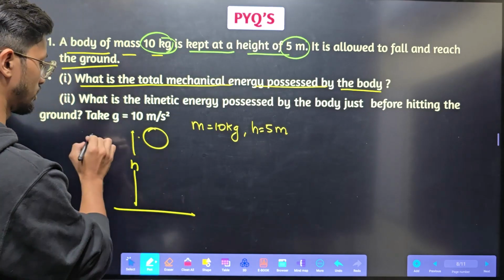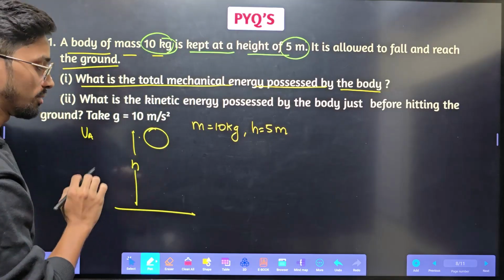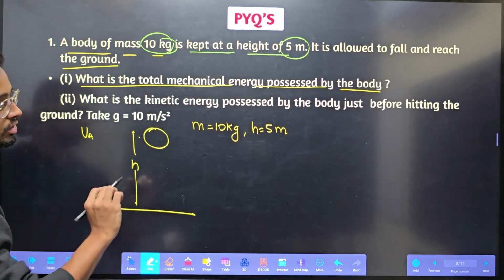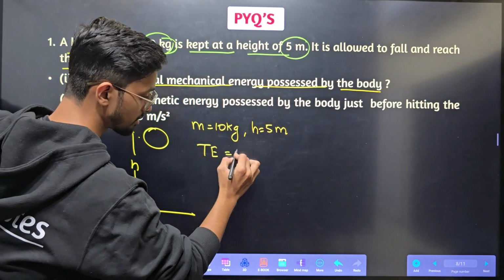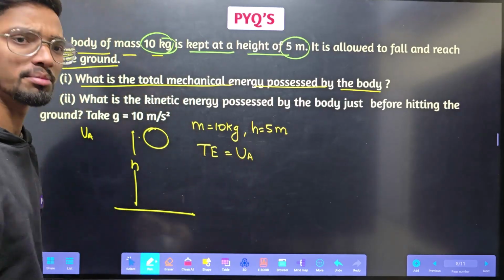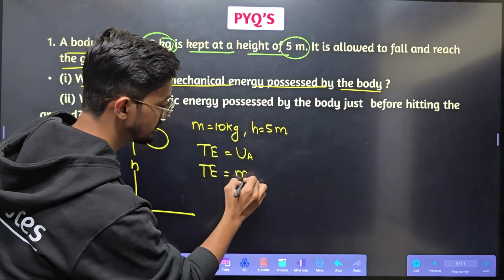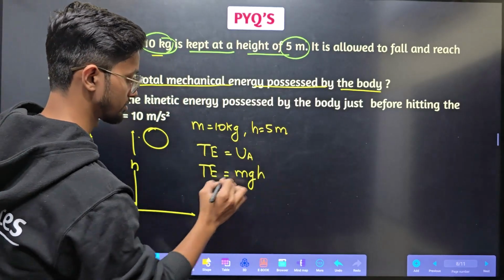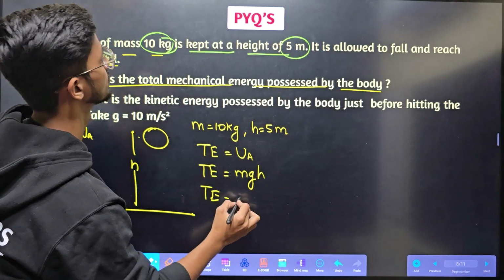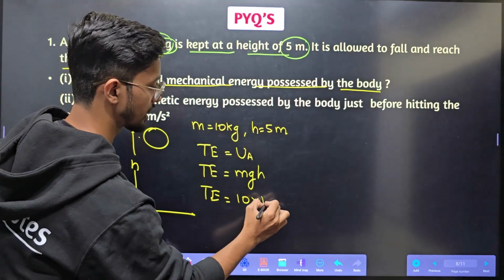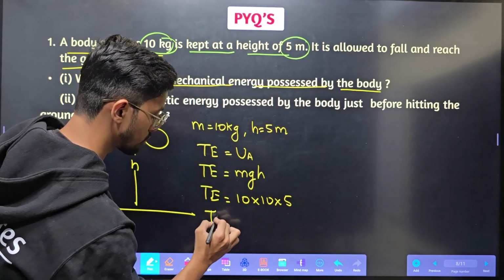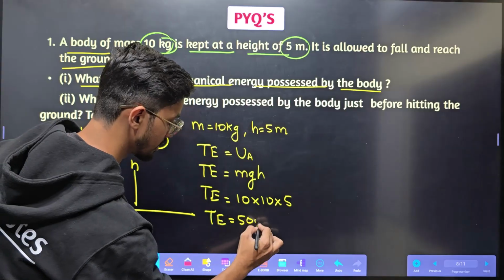At this point there will be only potential energy, right? So total energy is nothing but potential energy at A, at the maximum point. Total energy is mgh. m is 10 kg, g is 10, height is 5 meter. So total energy will be 500 joule.